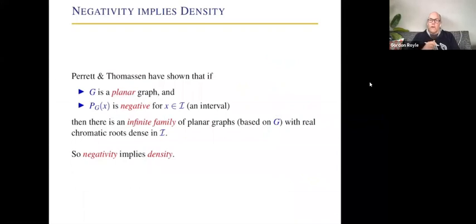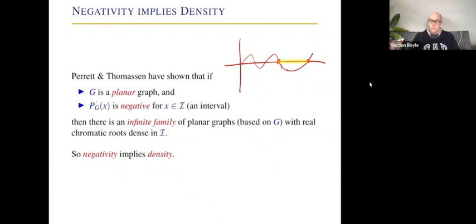Anyway, what did they show? They showed that if you can find a planar graph and the chromatic polynomial is negative for any interval, so chromatic polynomial is doing its stuff, if it goes negative for an interval, then you can actually build graphs, enough graphs to find chromatic roots dense in that interval.